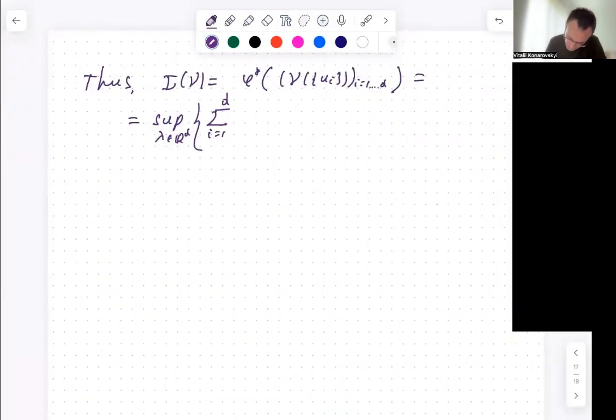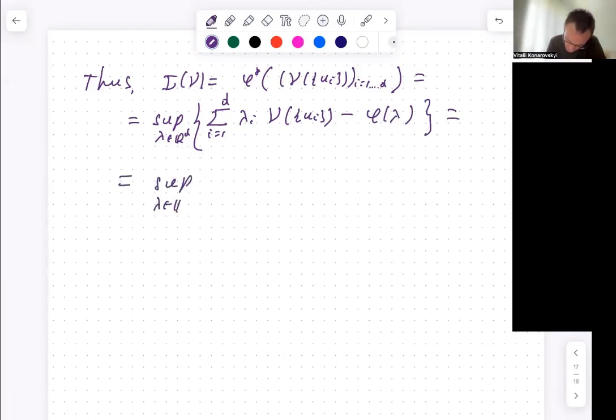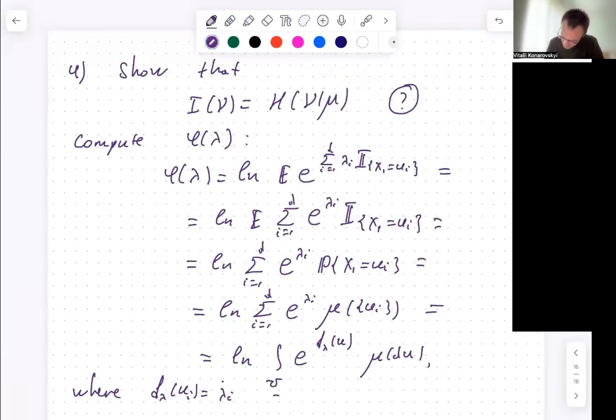Then we do exactly that. It is lambda_i, and then you have x_i, but your x_i is nu of u_i, minus phi of lambda. And let's continue. It is a supremum, where lambda belongs to R^d, of the integral of the function f of lambda, the function which on u_i takes values lambda_i, with respect to nu, and then minus the function phi of lambda, which is computed here.